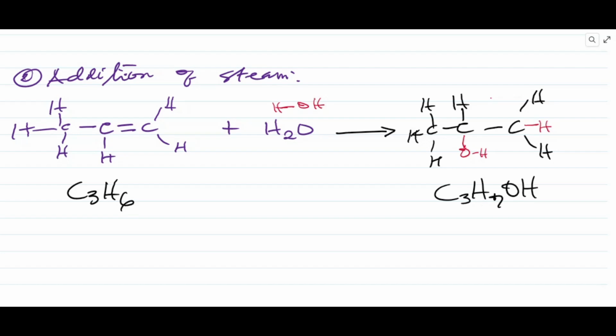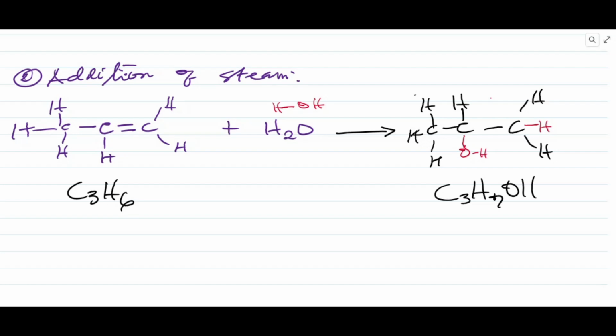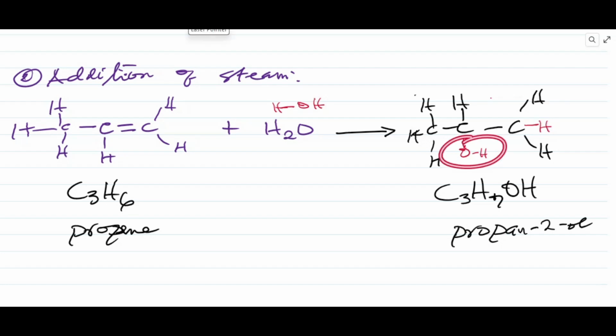If you count, it's going to be H7. 1, 2, 3, three carbon atoms. 1, 2, 3, 4, 5, 6, 7, H7, and then our OH. So we have our propene. When it undergoes addition reaction with steam, it becomes propan-2-ol. Our OH is attached to which carbon? Carbon number 2. 1, 2.